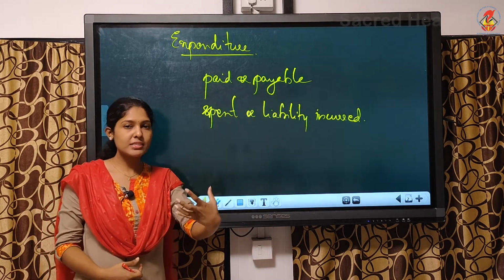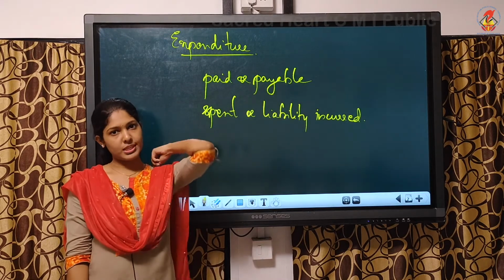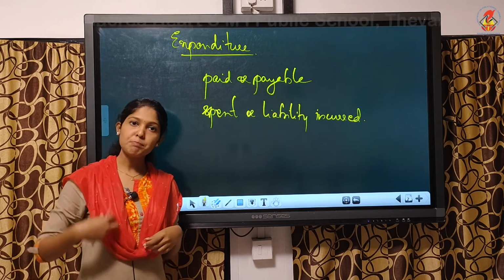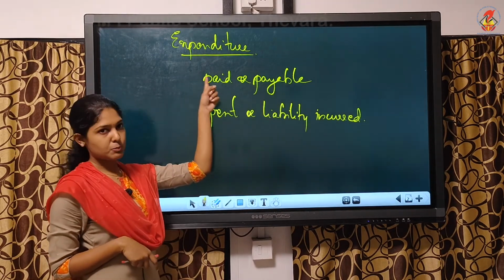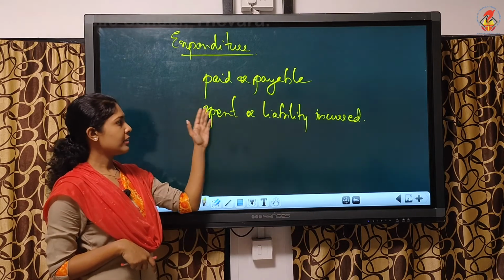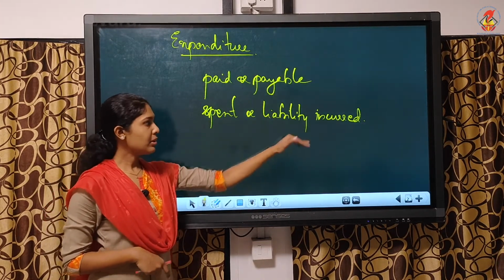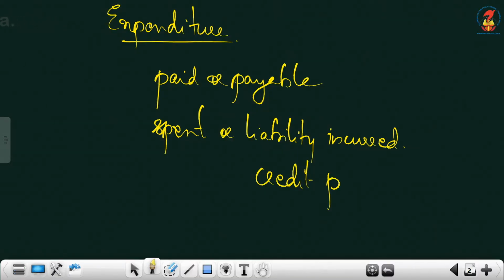When will you pay something, or when do you have to pay something? When you purchase goods and services. So, amount paid or payable against purchase of goods or services is termed as expenditure, or you can write it as the amount spent or liability incurred. Liability incurred means, suppose you purchased goods and services on credit.